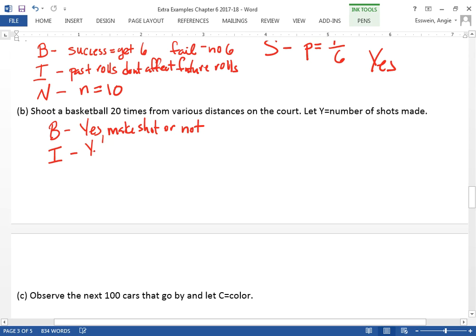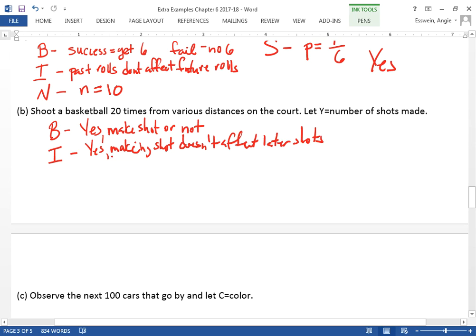We don't want to be mistaken with the law of averages and think that just because we're making a lot of baskets that we're going to miss. Each trial is independent. Making a shot doesn't affect later shots.